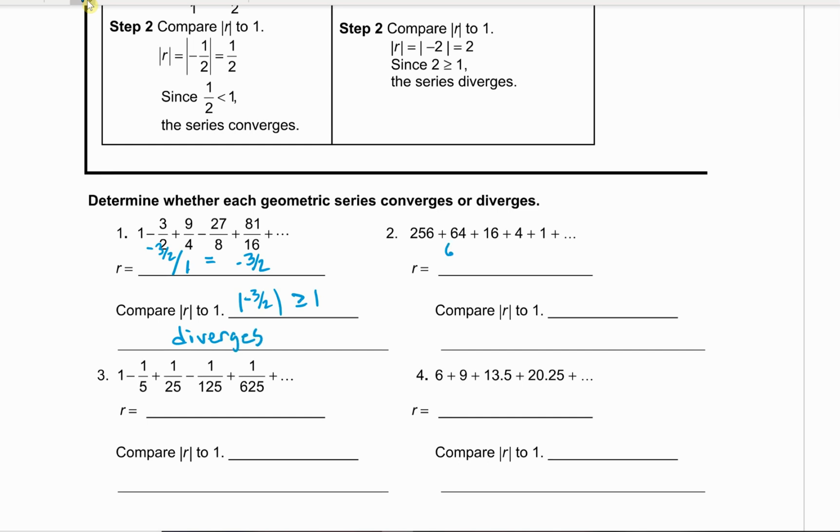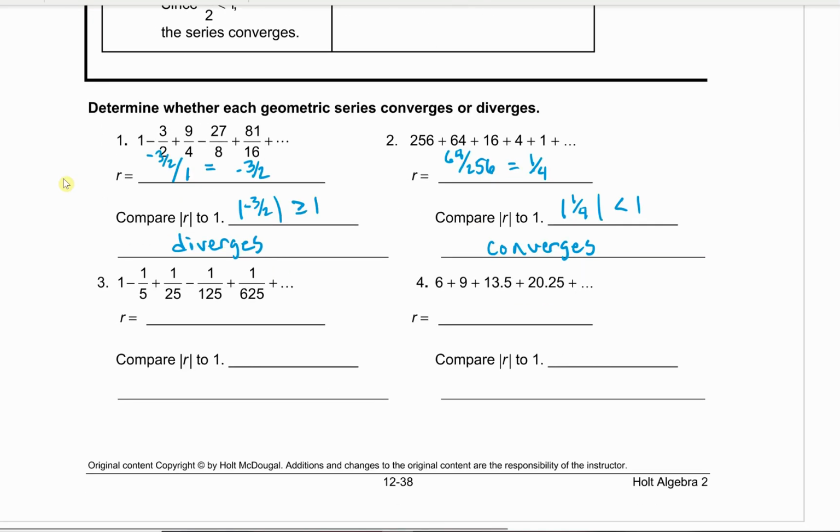This one here we have, let's see, 64 divided by 256. That is going to be smaller than 1. Let's see, that is 0.25, 1/4. So the absolute value of 1/4 there is positive 1/4. That is less than 1, so this guy converges. So for this one here, we cannot find the sum, but this one here we can.